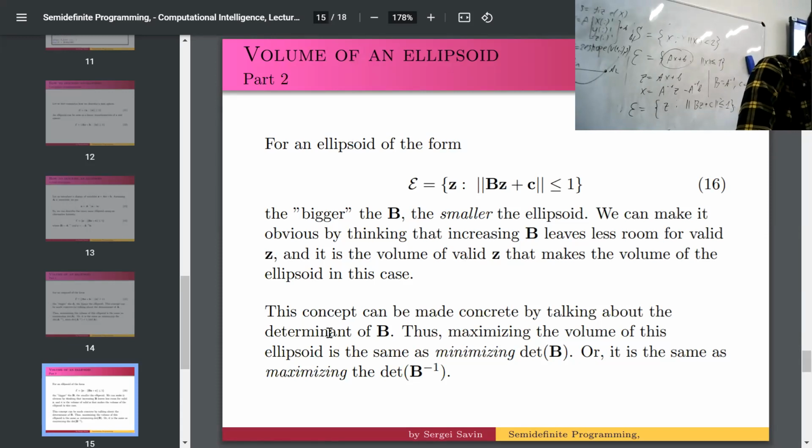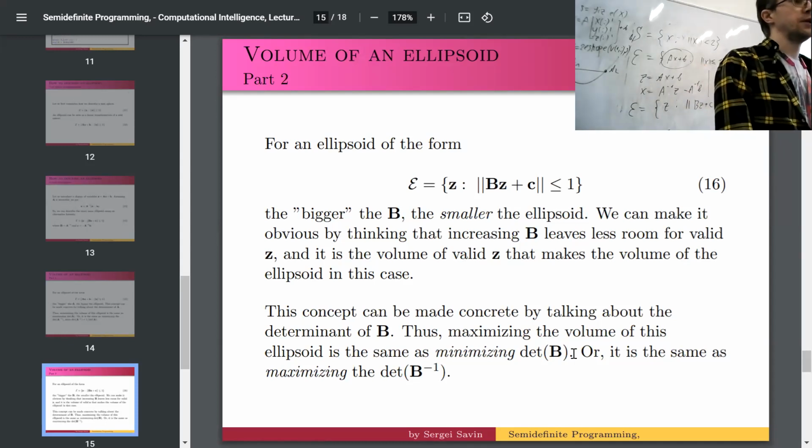So for ellipsoids of this form, ellipsoid 16, if we want to find bigger ellipsoids, we just need to minimize the determinant of B. Why? Because the determinant of B is the determinant of A to the power minus 1.